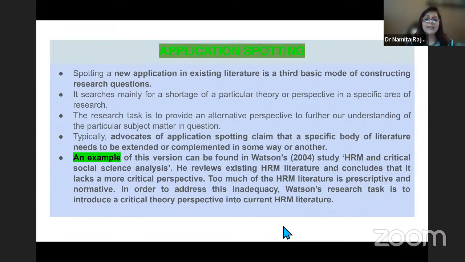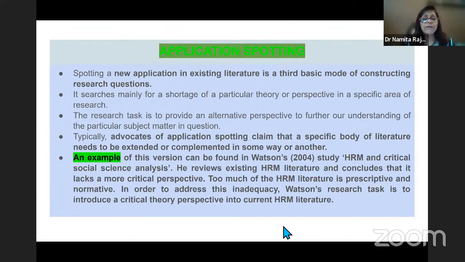He reviews the existing HRM literature and concludes that it lacks a more critical perspective, right? So this is a question which comes to our mind that, okay, we have a policy, but it is not that critical. It is not that comprehensive. It is not that practical. Let's work upon it. So it becomes your critical area of review. You can frame the questions, you can identify the research gap and move on.